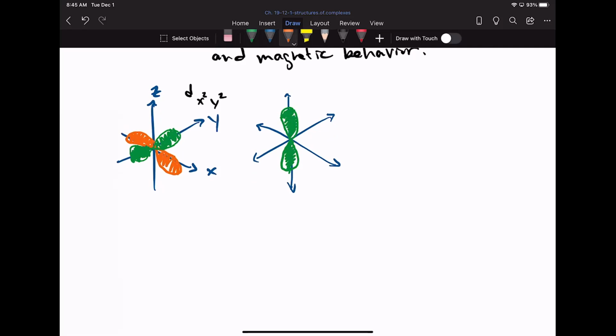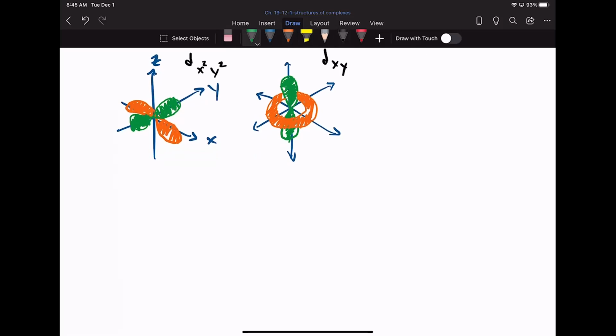It's an orbital, but it kind of just looks like a little donut. All right. So that's another d orbital. This is what we call the dxy orbital. Then we have a few more to draw. Let me draw the other ones down a little bit lower here.